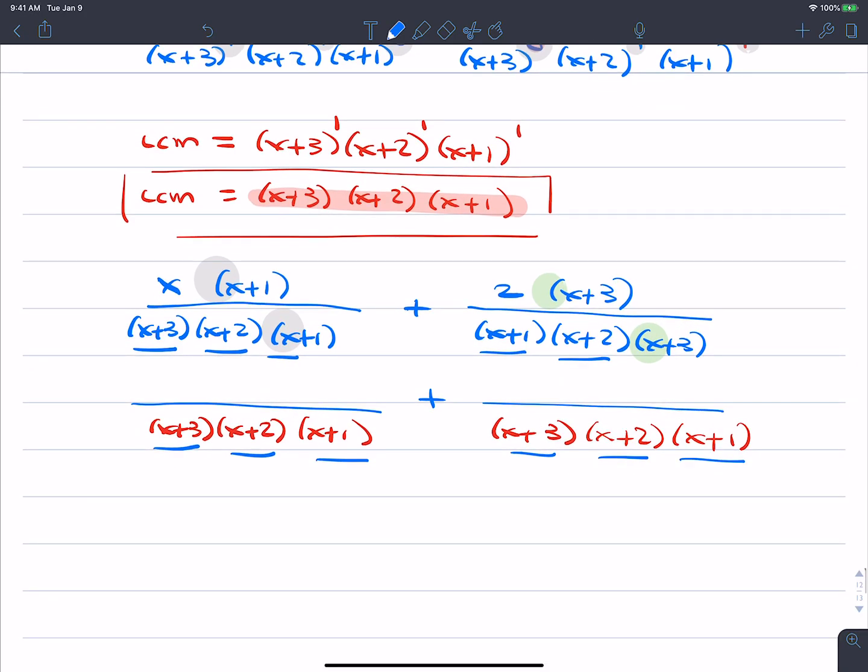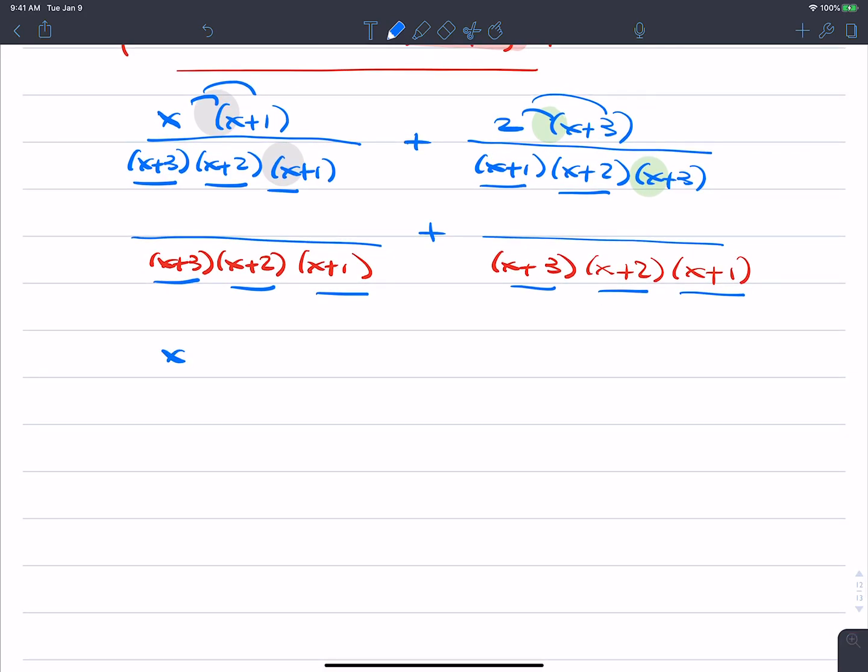We now get to multiply. We get to distribute. X squared plus x over x plus 3, x plus 2 times x plus 1, plus 2x plus 6 over the same denominator, x plus 3, x plus 2, x plus 1.